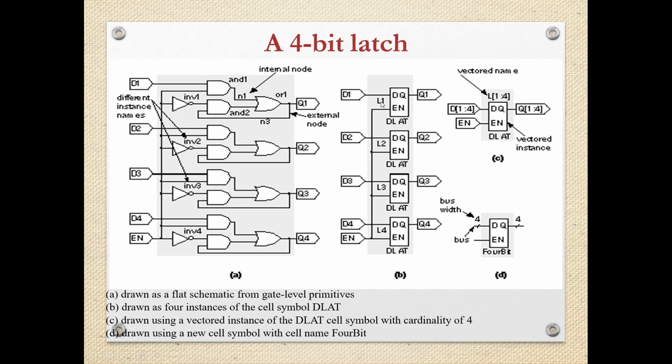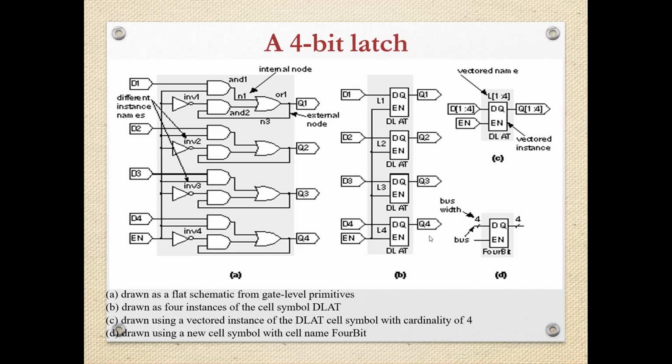So this is the first latch, latch 1, latch 2, latch 3 and latch 4, and we can have the inputs as D1, D2, D3, D4 and one combined enable input, and at the output side we have Q1, Q2, Q3, Q4.